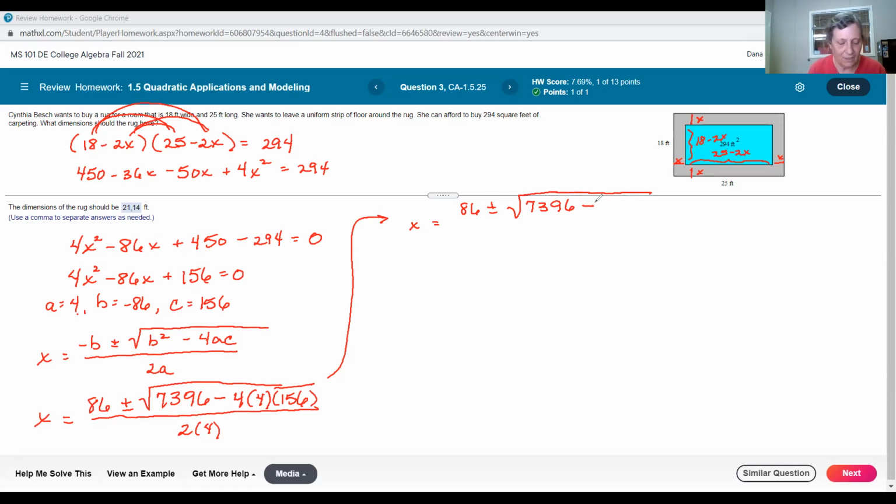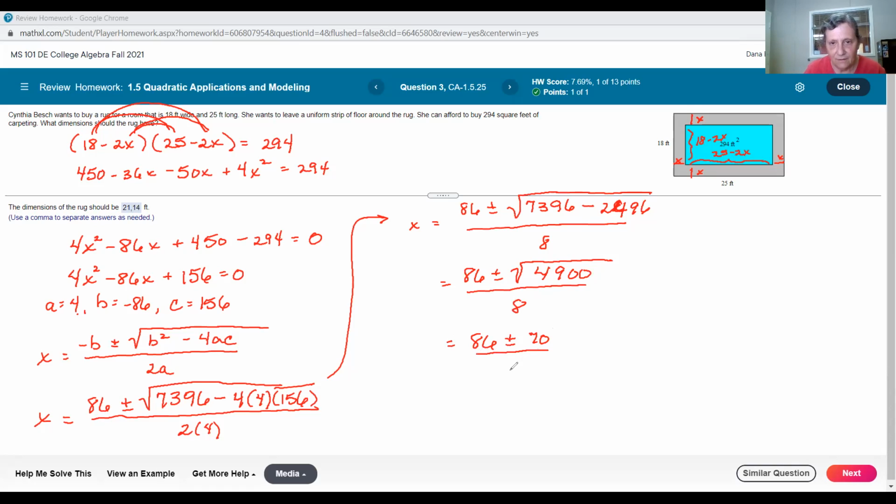7396 minus 2496, divided by 8. 86 plus or minus the square root of 4900 over 8. 86 plus or minus, this is going to be 70, over 8.